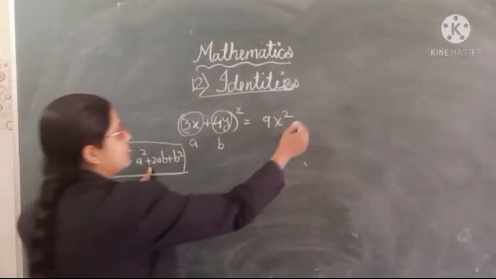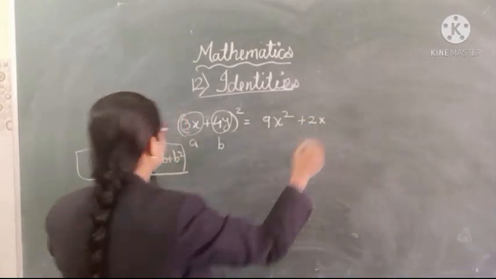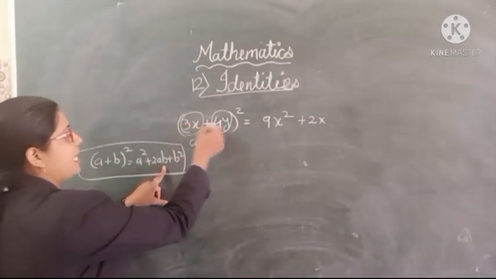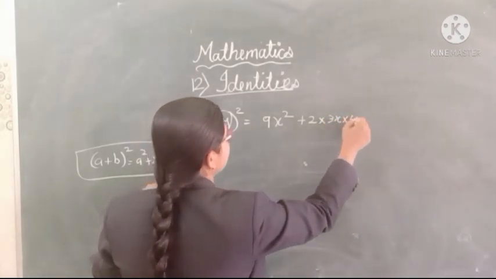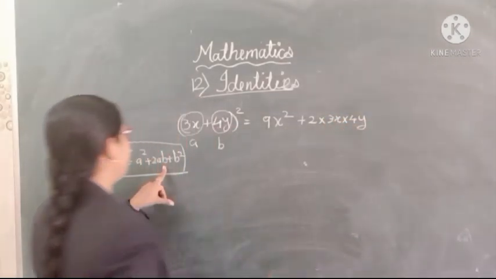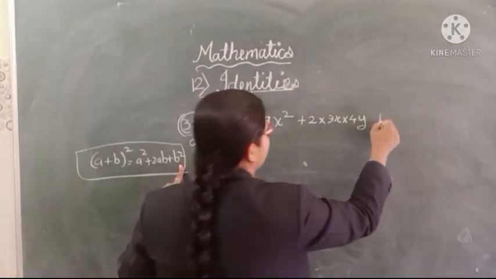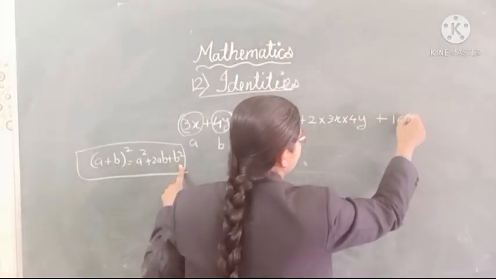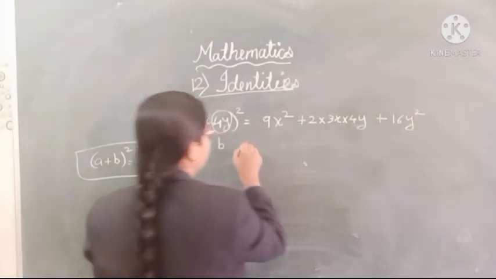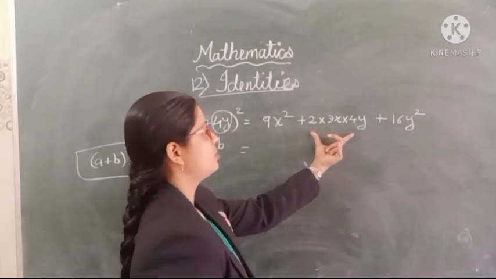Then plus 2 into ab, a and b, so it will be 3x multiplied by 4y. Then plus b square, that means 4 4s are 16 and y square. Now the next step is you have to make the solution.